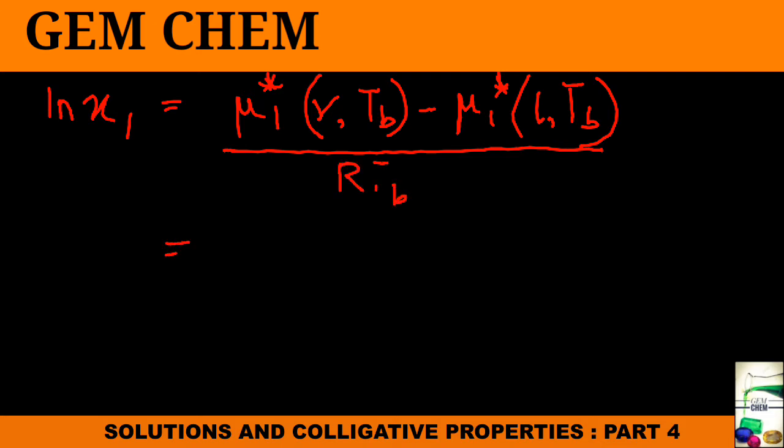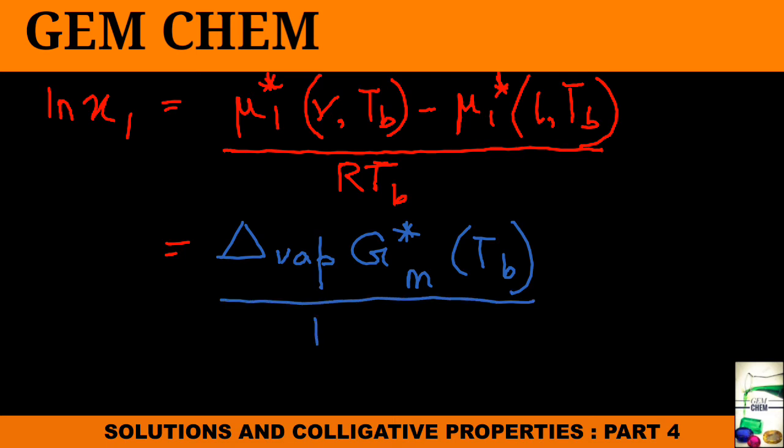Now, if you know the equations of thermodynamics, then this is actually delta vap G star m at Tb by R Tb. That is, it is the change in free energy, which can be written like this.